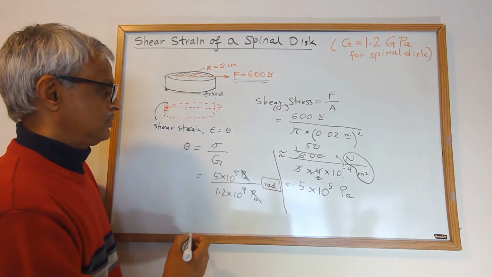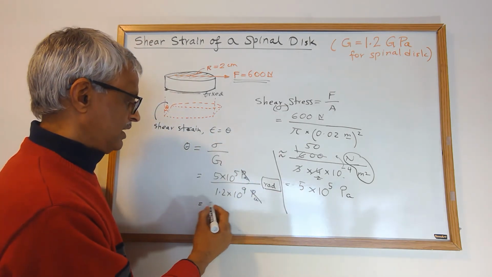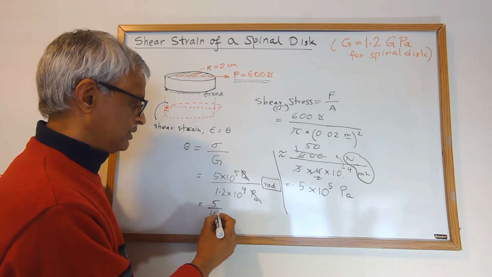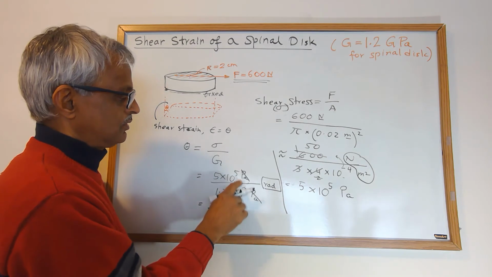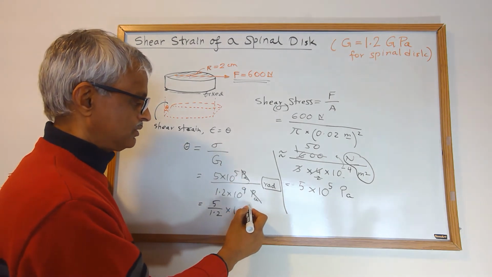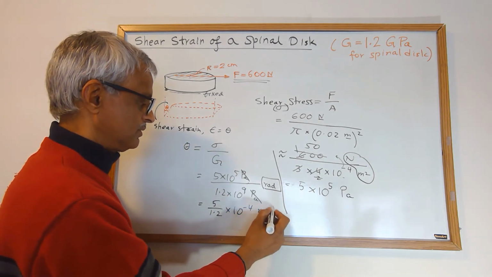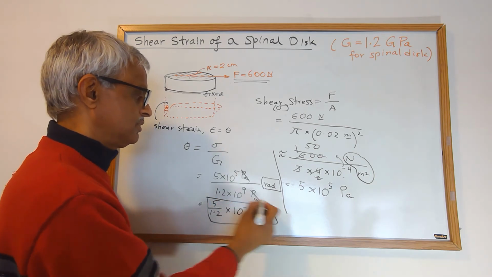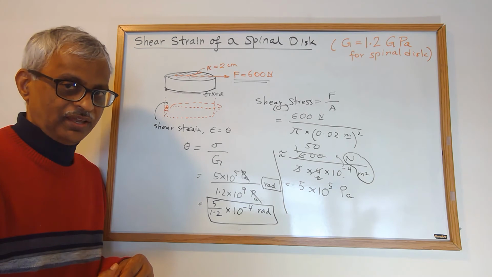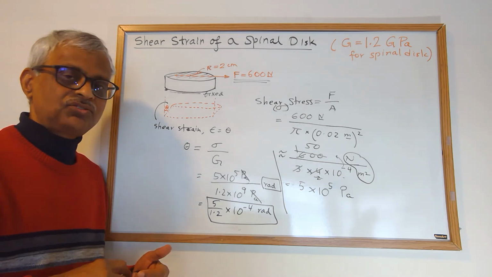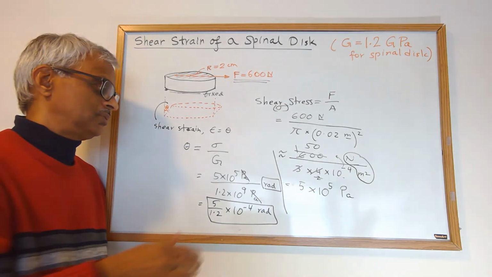So I've got 5 over 1.2 times 10 to the power 9 and 5. This gives me 10 to the minus 4 radian. So that will be the answer for the shear strain.